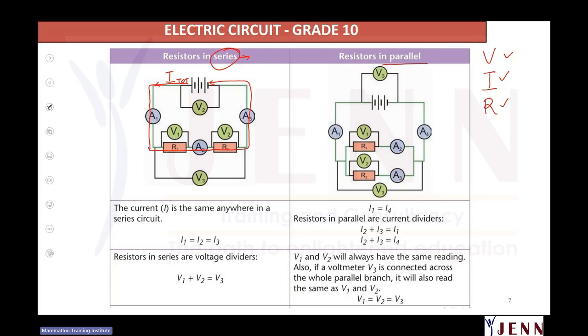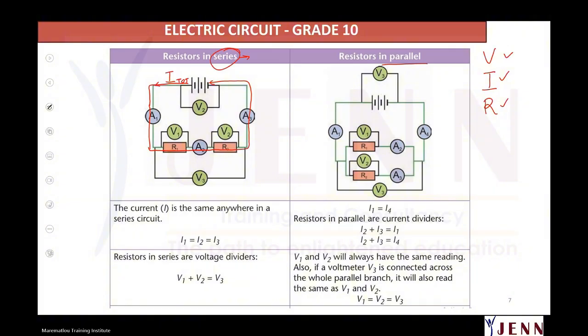So the moment we are drawing the flow of current, it is important to remember the one that comes out of the battery, we call it I total. As you can see with the flow that I've indicated, the current coming out of the battery is the same current that's passing in A1. It's the same current passing in resistor 1 as well. Ammeter 2 is the same current, resistor 2 is the same current, ammeter 3 is also the same current.